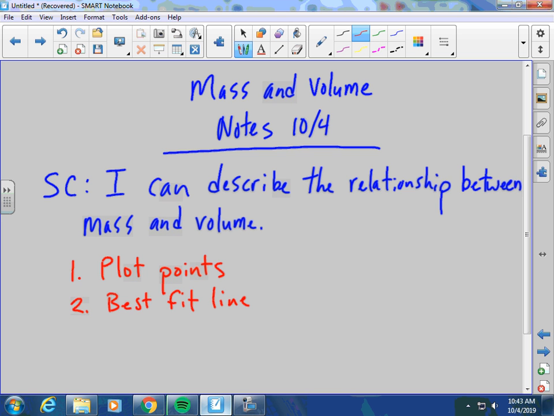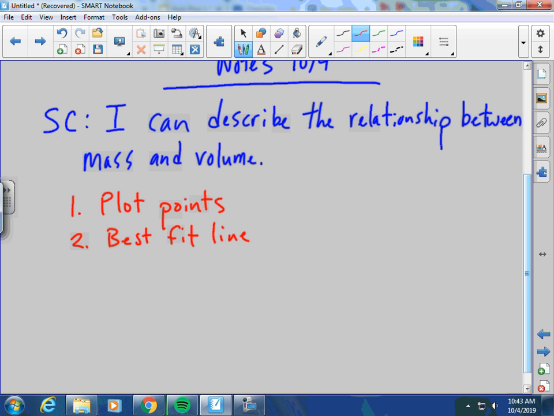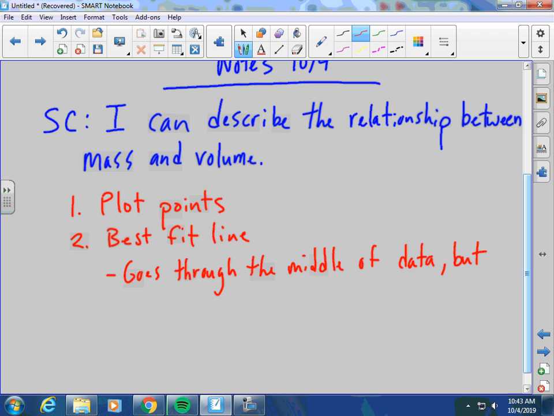Okay? The best fit line, just to make sure we all have a good understanding of this, goes through the middle of the data, but not necessarily a data point.